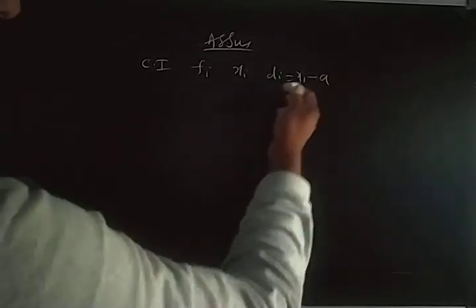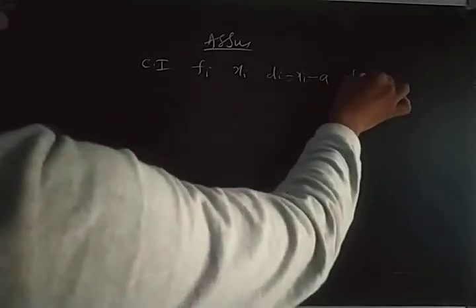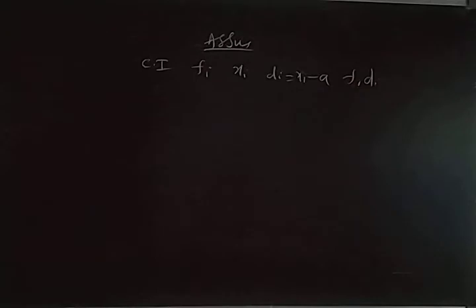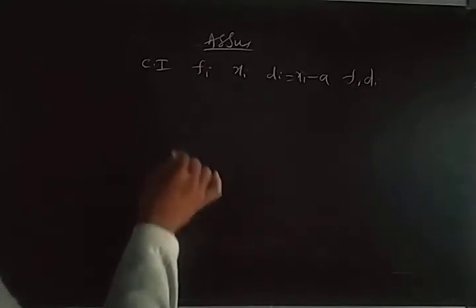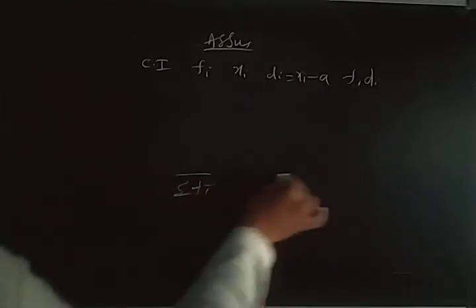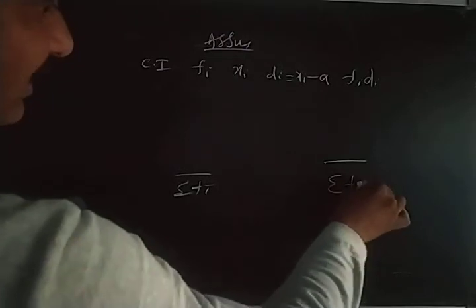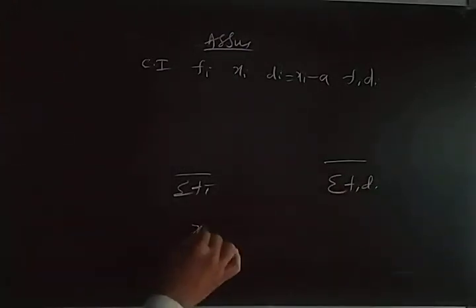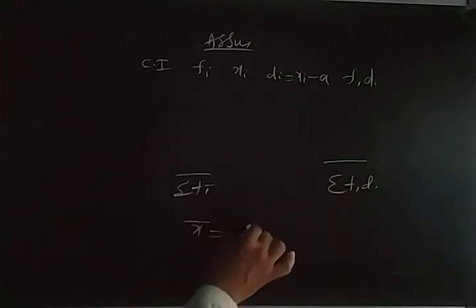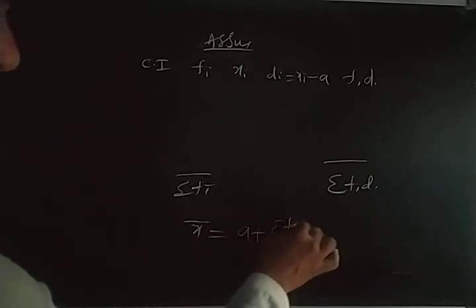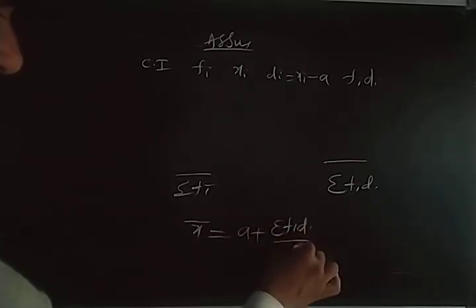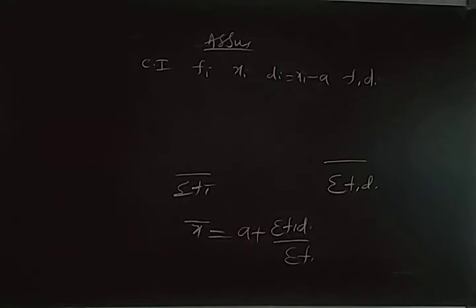Then subtract it from xi and you will get di. Then find fi into di, find the sum of fi and the sum of the fi di column. Then use the formula to find the mean: x bar equal to a plus summation fi into di by summation fi. This is the assumed mean method.